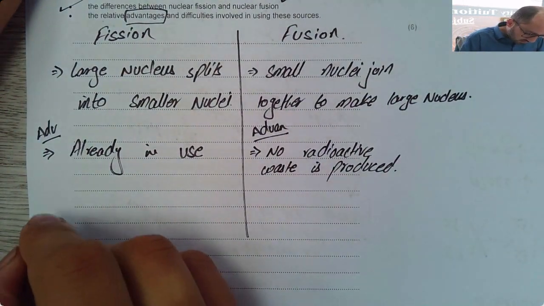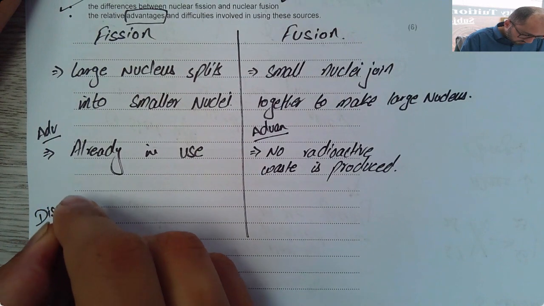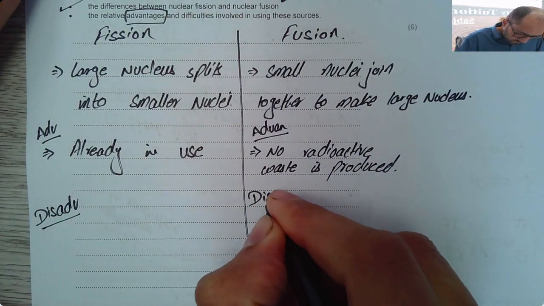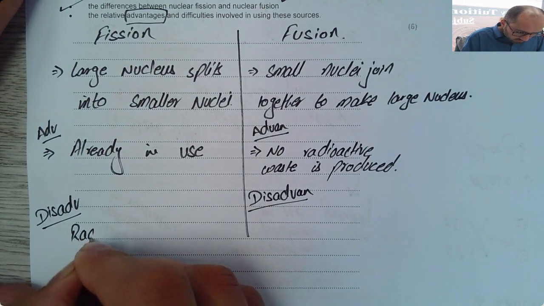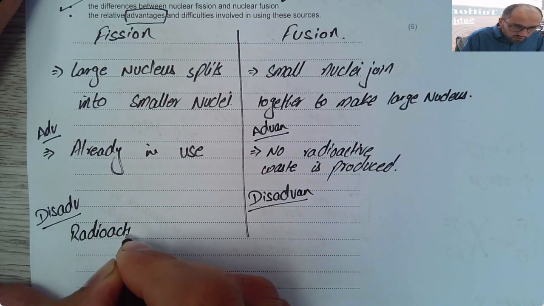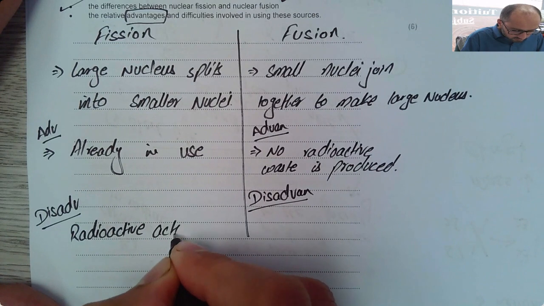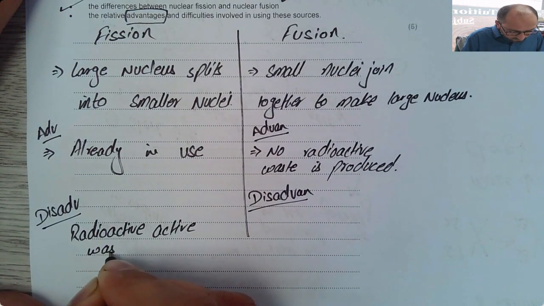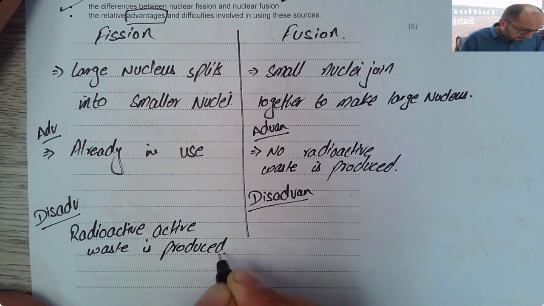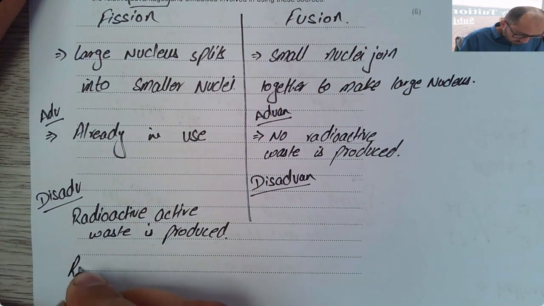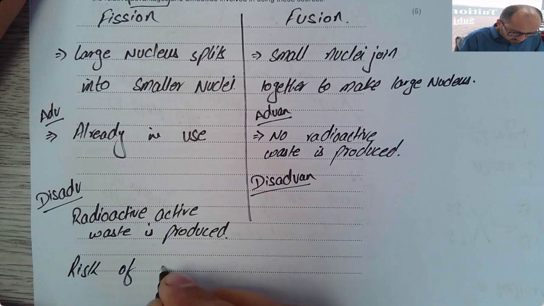We can look at some disadvantages. In this case, it will produce radioactive waste. You can say radioactive waste is produced. I can also say there is always risk of accidents.